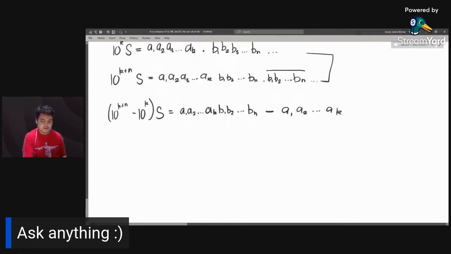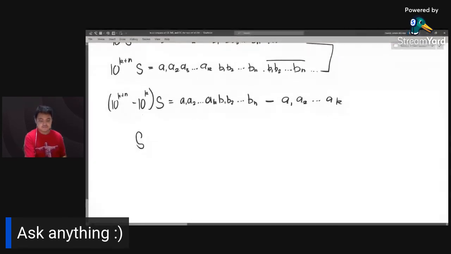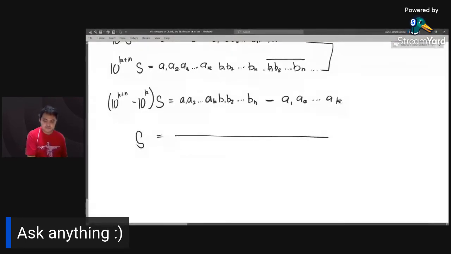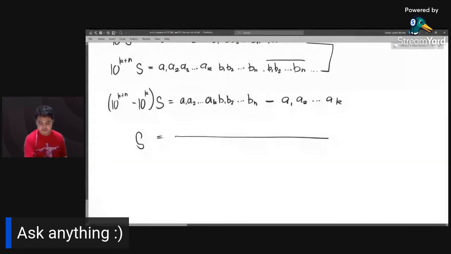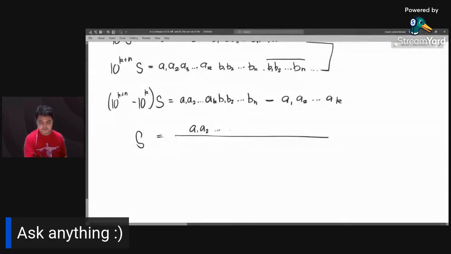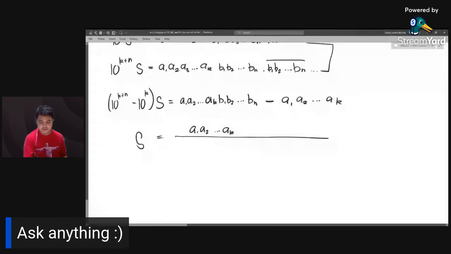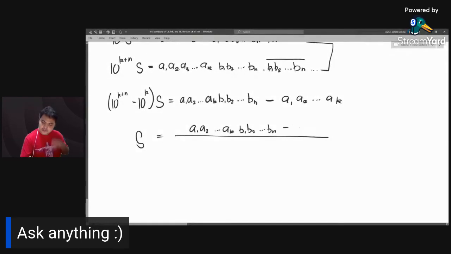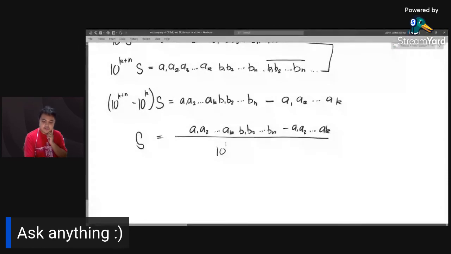Then from there, we can solve for S: S is equal to that string, A1 to Ak, B1 to Bn, minus A1 to Ak, all over 10 raised to k plus n minus 10 raised to k.